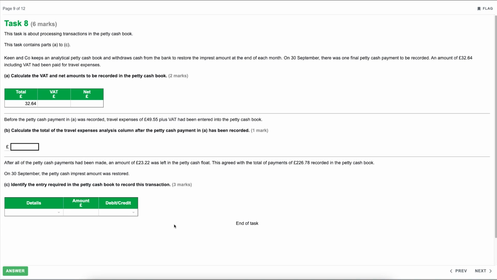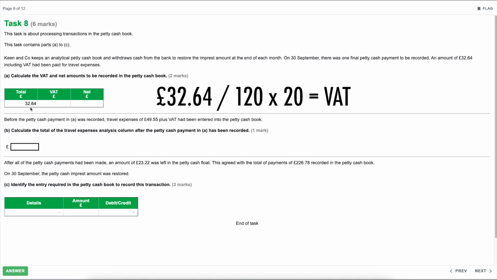So, the way I would calculate this, knowing that the total is 120%, I would do £32.64 divided by 120, because that gets you 1%. Now, once you've got 1%, we can then multiply that by 20 to get the VAT amount, or we can multiply that by 100 to get the net amount.